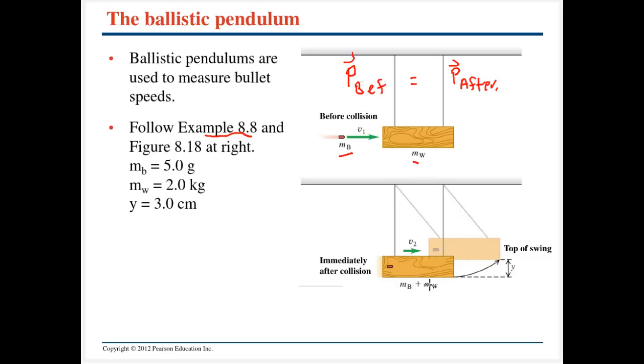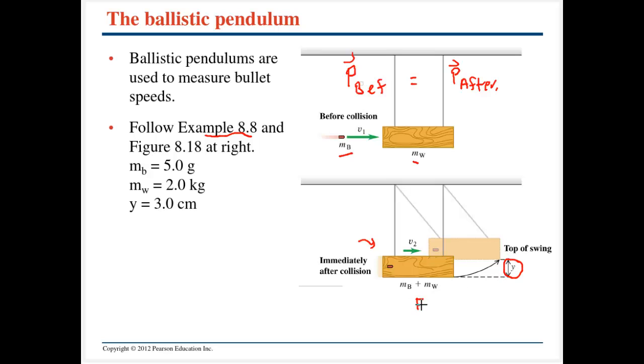And then immediately after the collision, the bullet's now lodged in there. We can calculate what the momentum is, but now it's going to swing upwards. In this particular case, we can use energy conservation to figure out how high the swing is going to go.